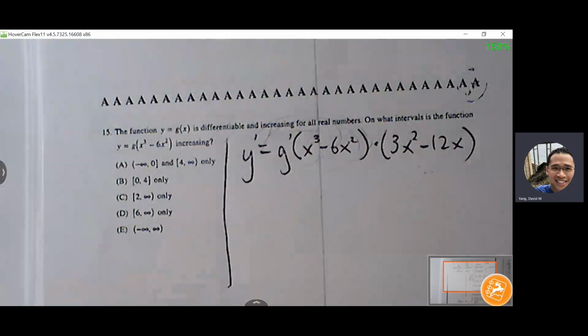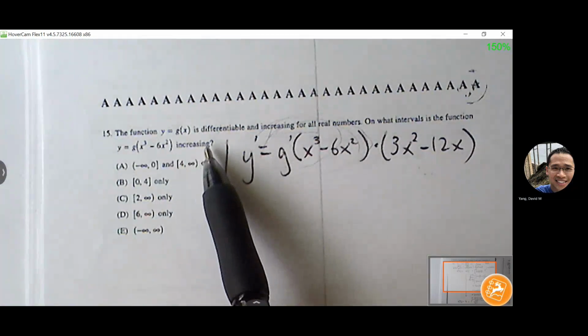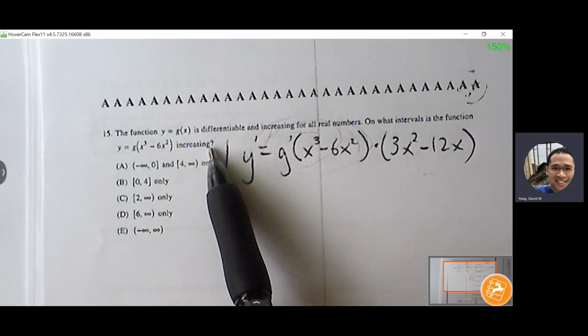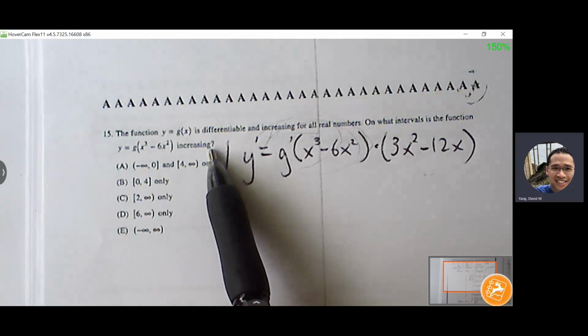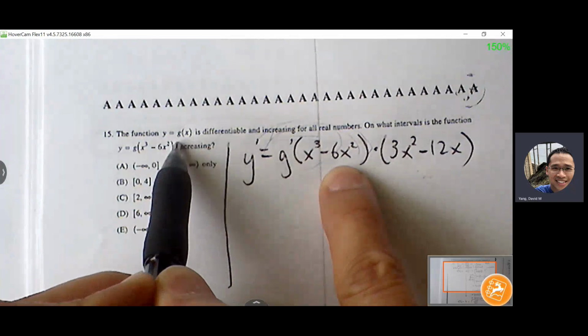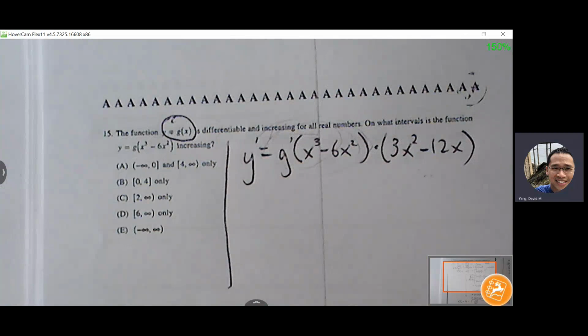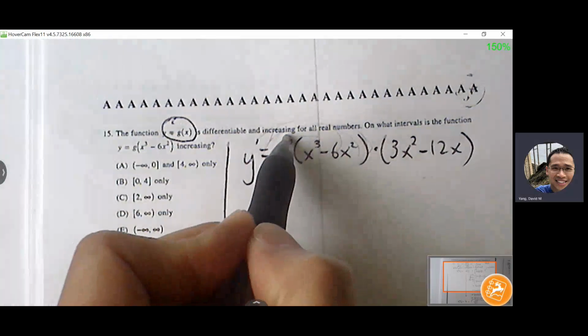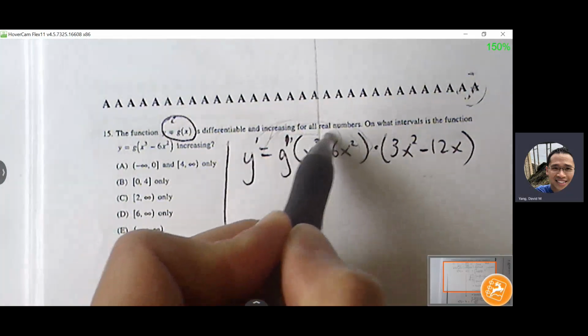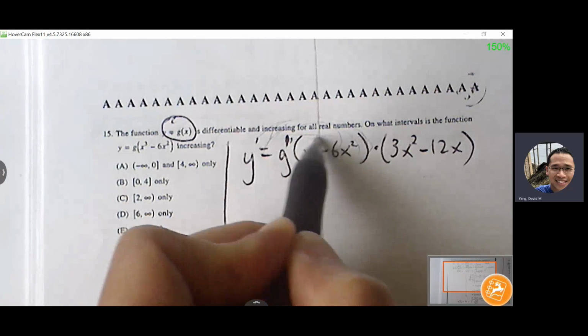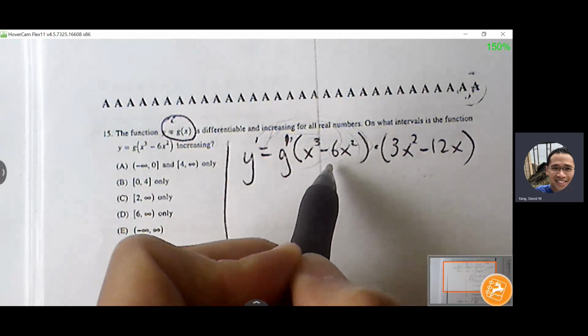Can you explain that one more time? Like, why you don't use the g prime stuff, only the inside? Right, because we know that if g of x is always increasing, then g prime of whatever value I can insert is always going to be positive as well.